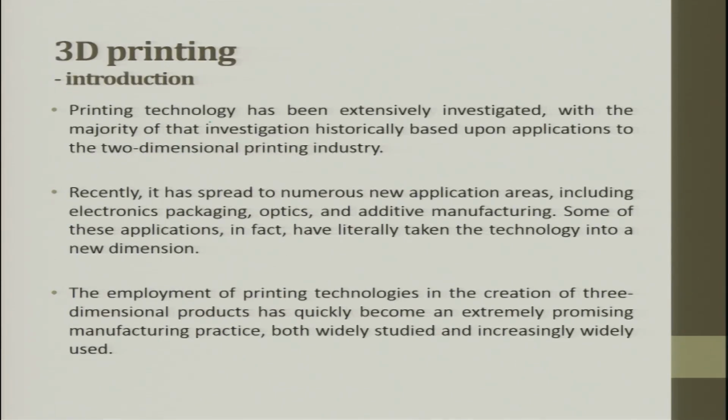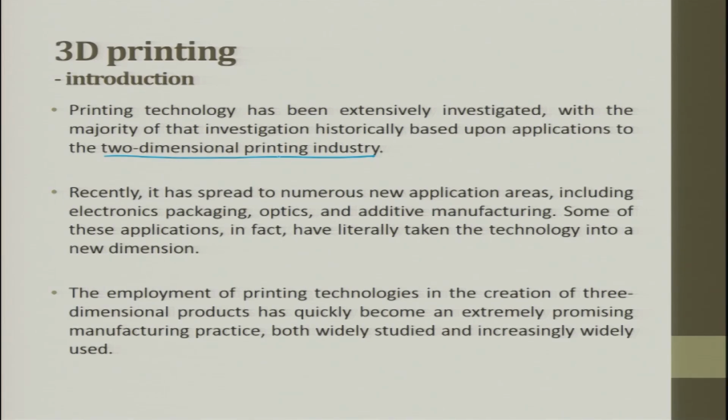Introduction. Printing technology has been extensively investigated, with the majority of the investigation historically based upon applications to the two-dimensional printing industry. Recently, it has spread to numerous new application areas, including electronic packaging, optics, and additive manufacturing.